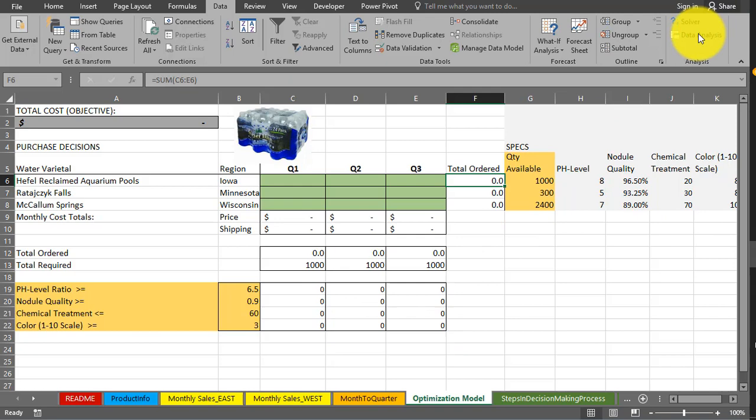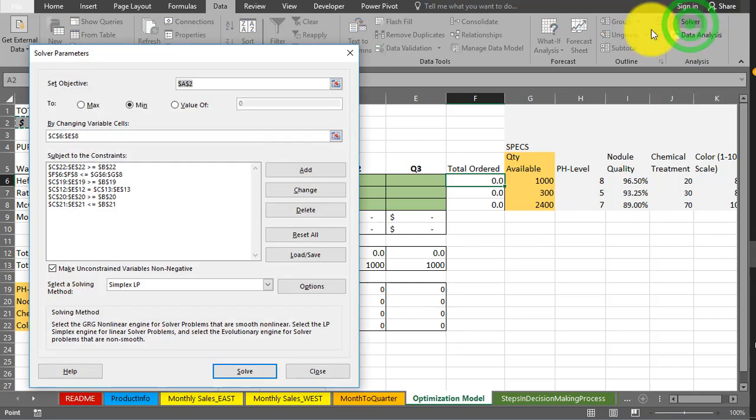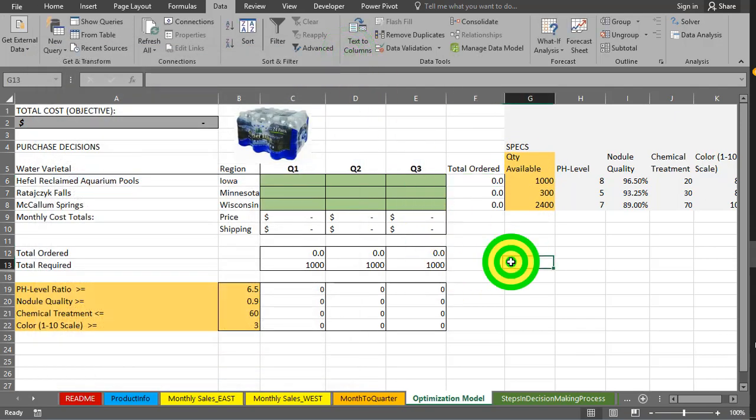So you have to program that into your solver to say F6 through F8 has to be less than or equal to these numbers here. Okay, when you do that, you're running a proper solver. You're saying, I want you to buy up to 1,000.